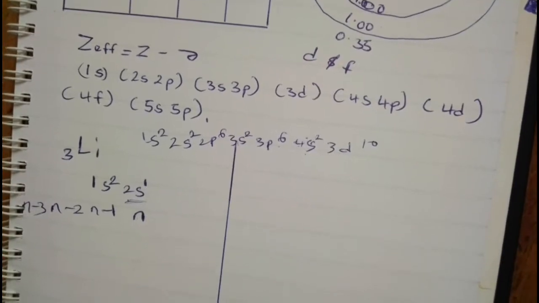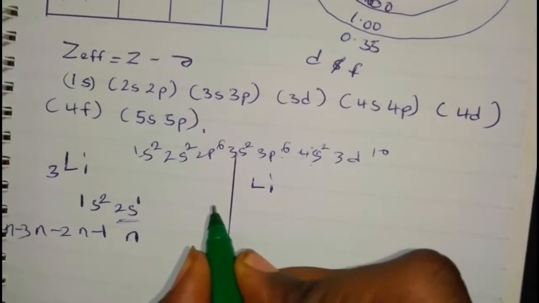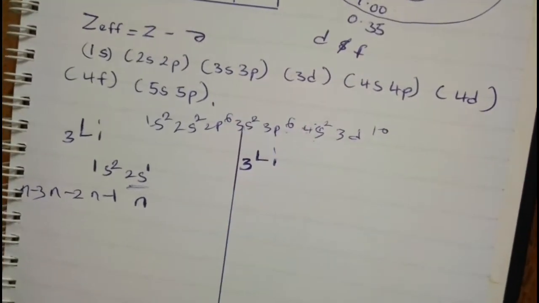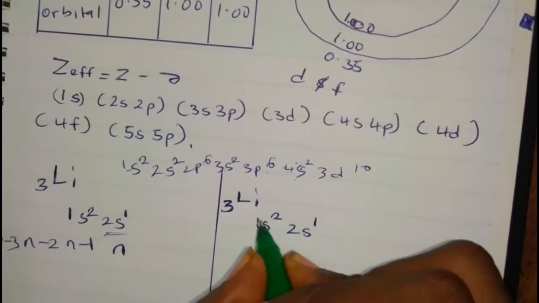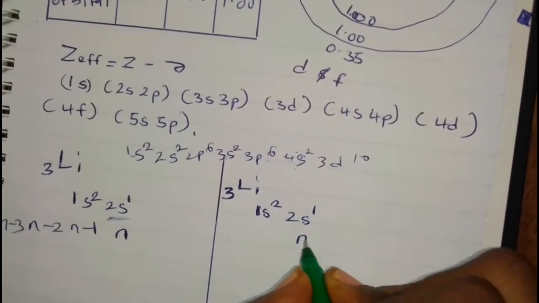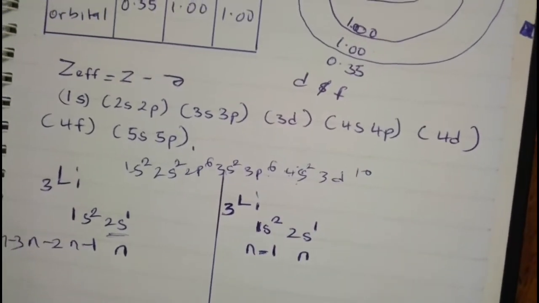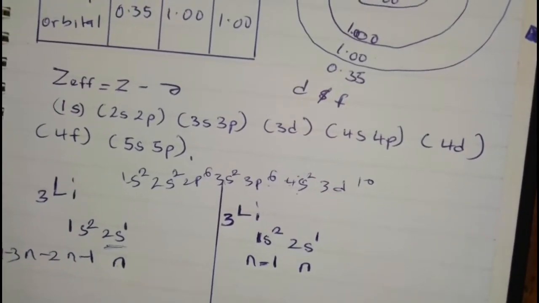The first element we are going to look at is lithium. Lithium has atomic number 3, and its configuration is 1s2 2s1. This is the main shell, and this is the other one. I told you there will be loss of one electron in the main shell, and the main shell is reduced by 0.35.